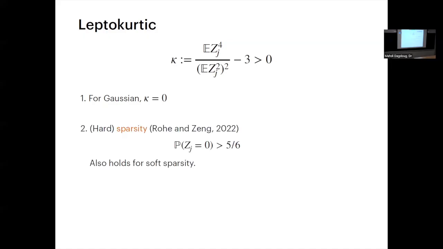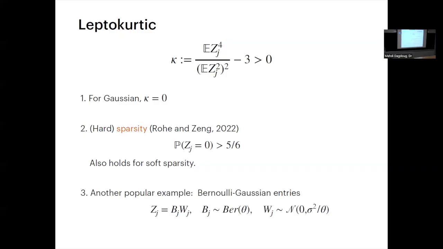You might wonder under which conditions on the distributions of Z this leptokurtic assumption is satisfied. In their paper, they showed that if the entries of Z have non-zero probability mass at the 0 point, then this holds. So being leptokurtic means some of the entries can be exactly 0, and this links sparsity with leptokurticness.